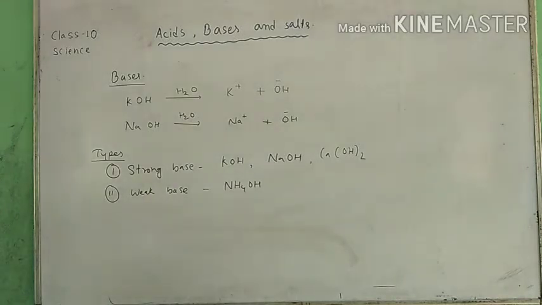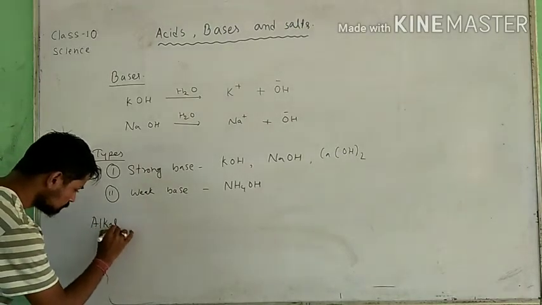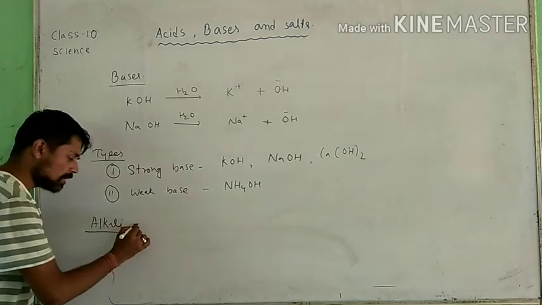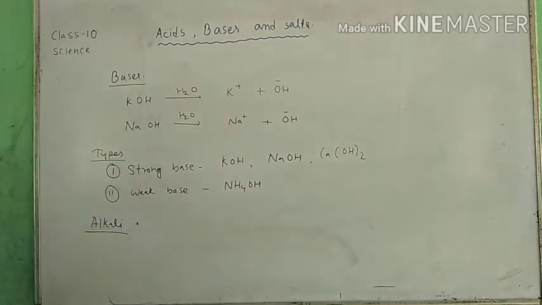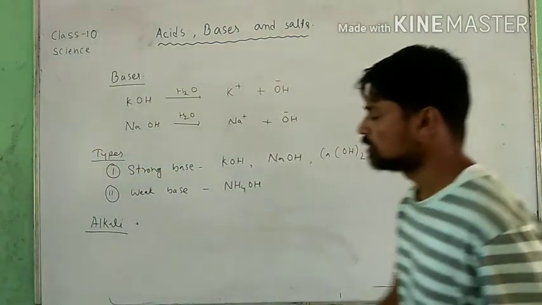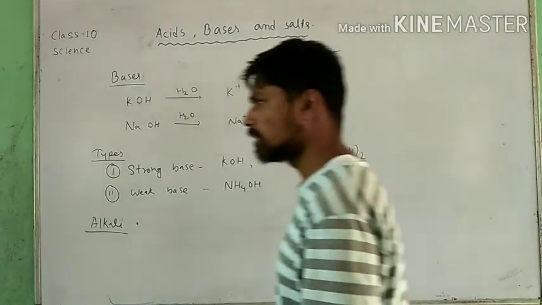So this is the classification as strong and weak base. Now there is also another classification. Some bases are known as alkali. So you may ask, which are alkali? Alkalis are the bases which can be dissolved in water. So write the definition.